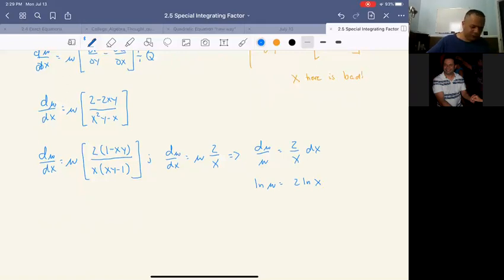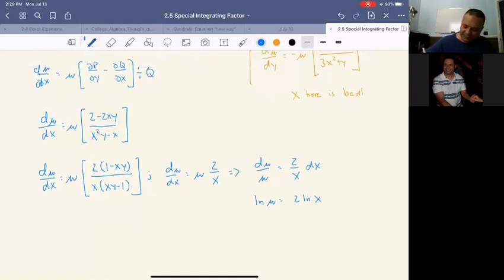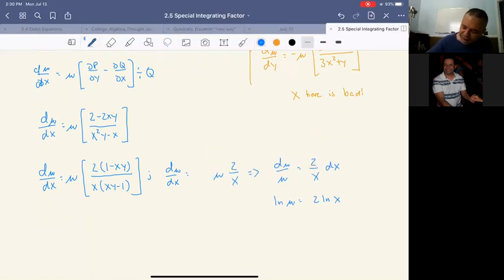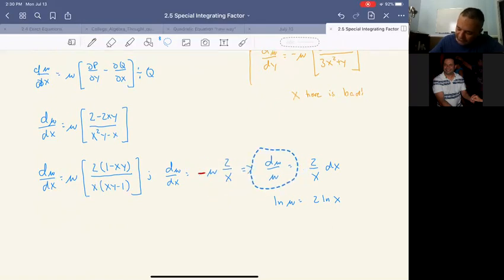Hold on. I made a mistake, but it's not unfixable. There should have been a big old negative sign here. See, because I knew what the answer was, I knew the negative sign had to be there.